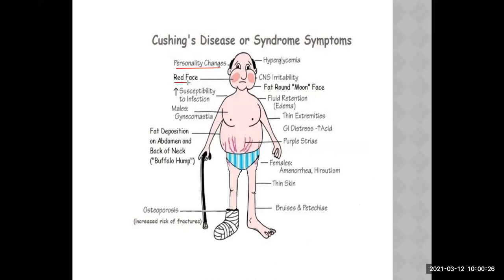Red face as well as rounded face. This is known as moon face. Rounded and red face. Very, very typical feature. This is how we suspect a Cushing syndrome case. This is known as Cushingoid appearance. Let me write that here.